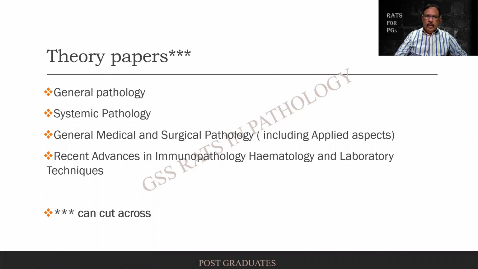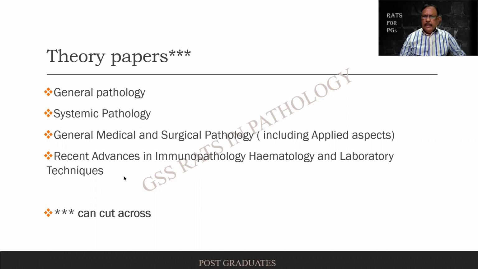Now, look at this particular slide carefully. There are 4 different papers: general pathology, systemic pathology, general medical and surgical pathology, including applied aspects, and recent advances in immunopathology, hematology, and laboratory techniques.